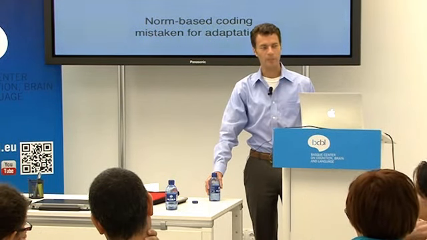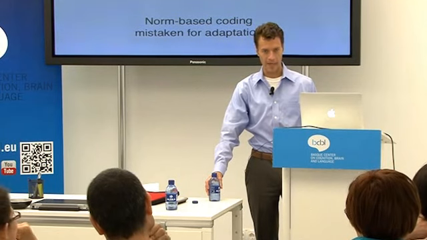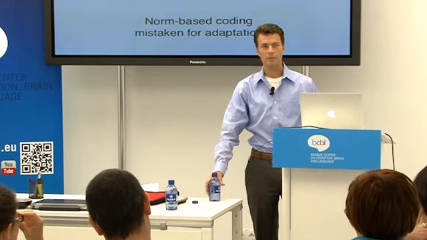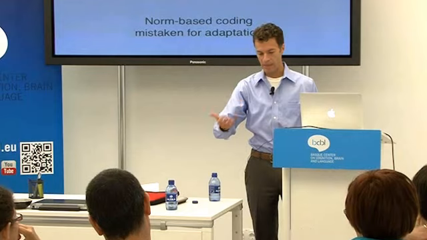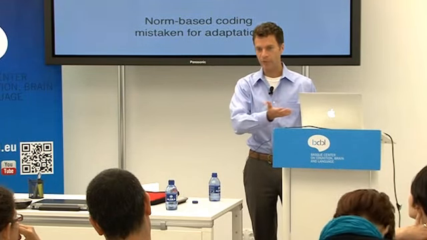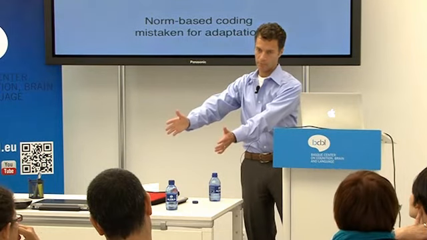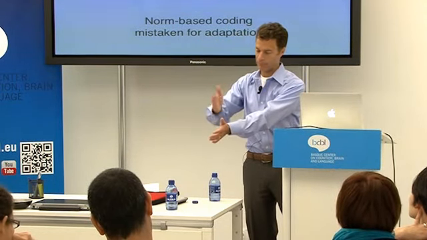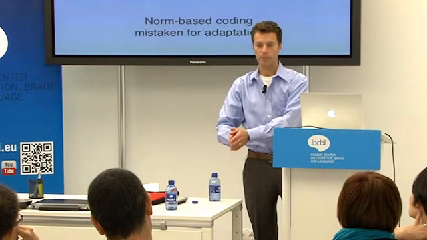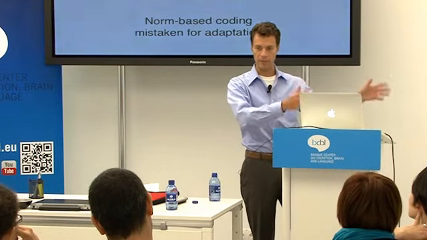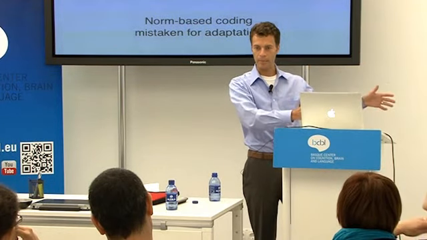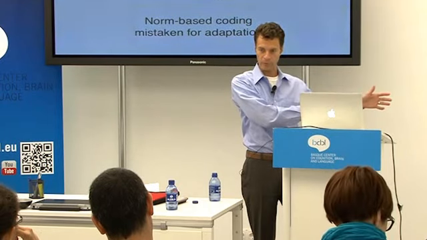I think we are agreeing because my point generally is that in many experiments, the researcher takes a set of stimuli and says, I want to look at norm-based coding, and then takes the average response to each stimulus. And in other experiments, the scientist takes a set of stimuli and says, I want to look at adaptation, and looks at the relationship between them.